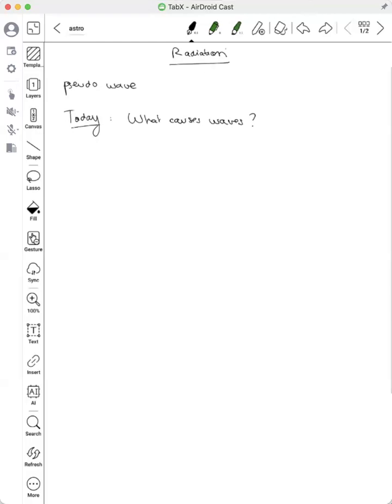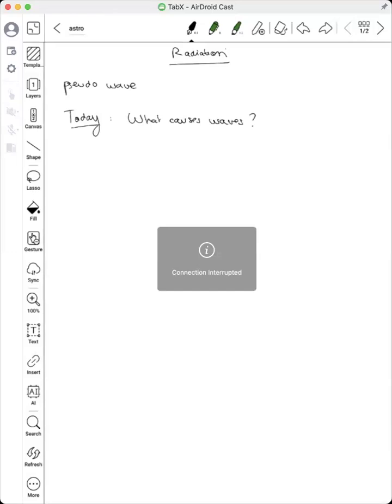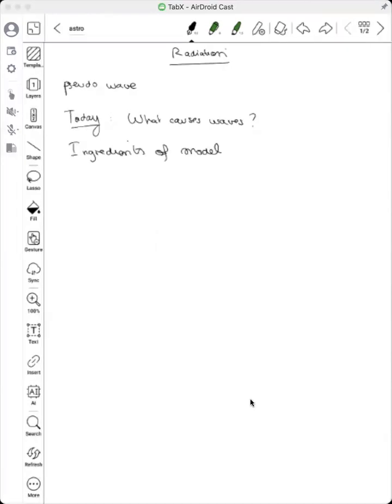The first part that we are doing now is going to be just a rigorous and technical derivation of how we go from a simple classical model to an electromagnetic wave. Okay, what are the ingredients of this model?